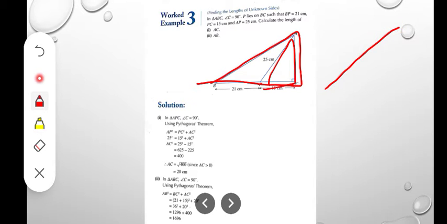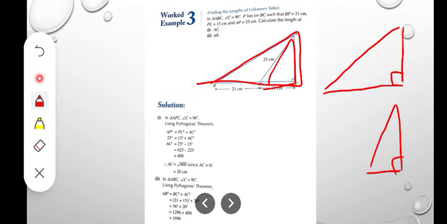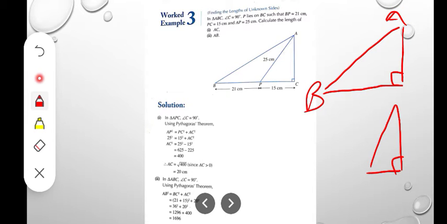I'm gonna draw it here. So this is the big triangle and the small triangle. It's better to separate so we can analyze better. Right. So this is unknown. This is AB, right? A, B, C. This is A, P, C. Isn't it?